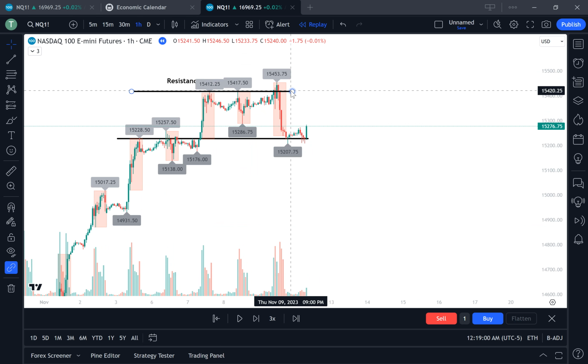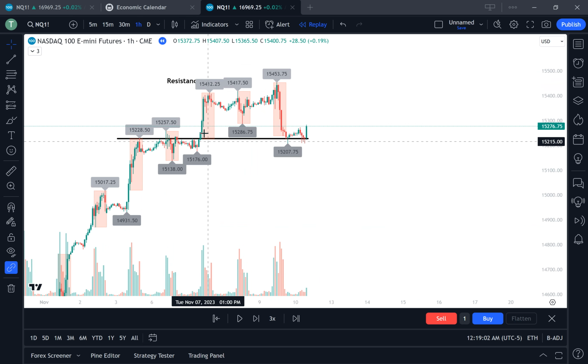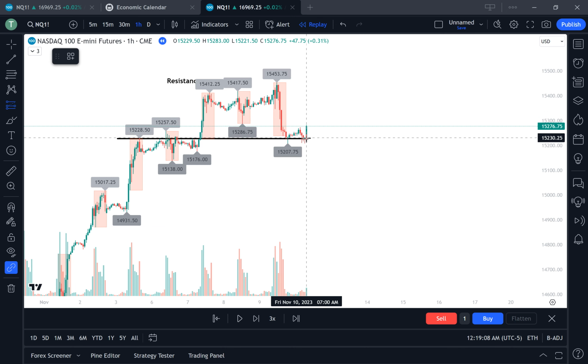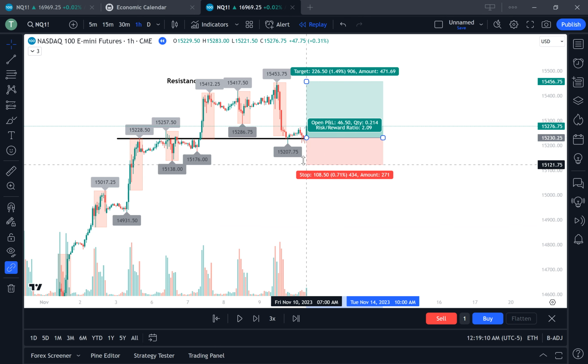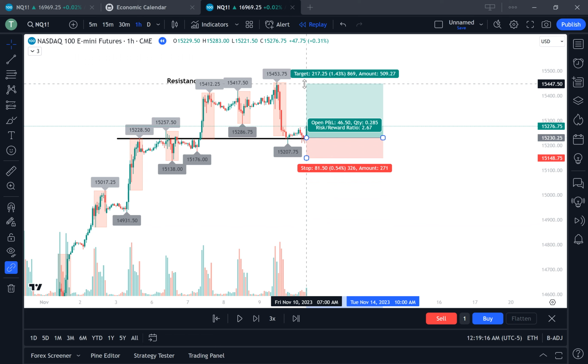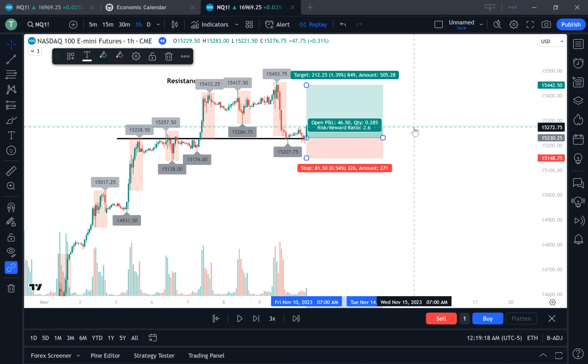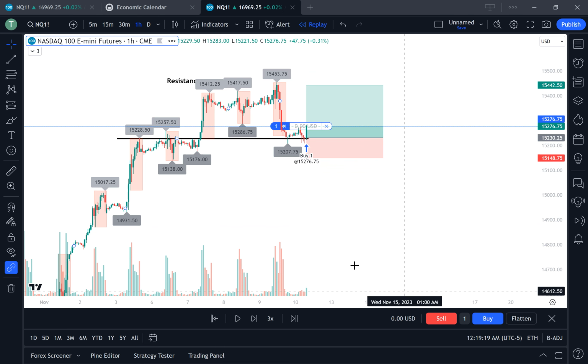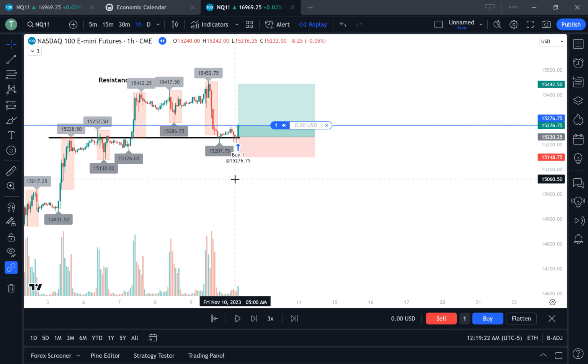Price had made it to this level previously after disrupting this level. Me, I would be in a long position because I see that price is going up, and I saw that price went up to this level at least during this session. I would totally enter a buy position.